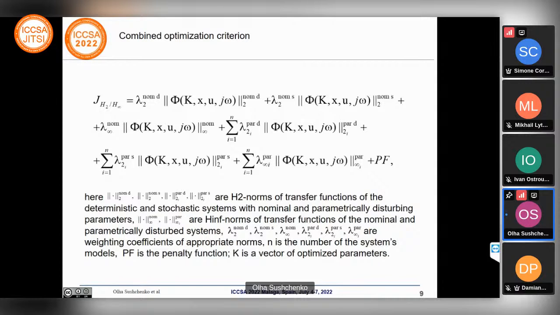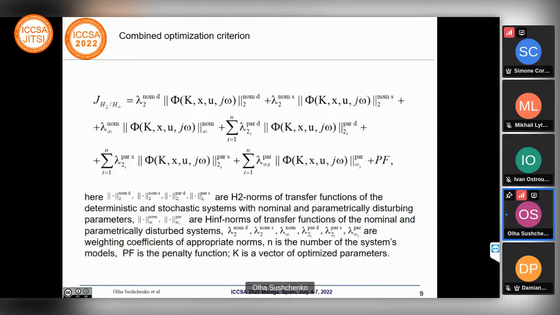And for this, we use the so-called weighting coefficients denoted as lambda in this formula. So the researcher must change these weighting coefficients trying to achieve the desired result. For this, of course, it's necessary to analyze the results of the optimization procedure all the time.